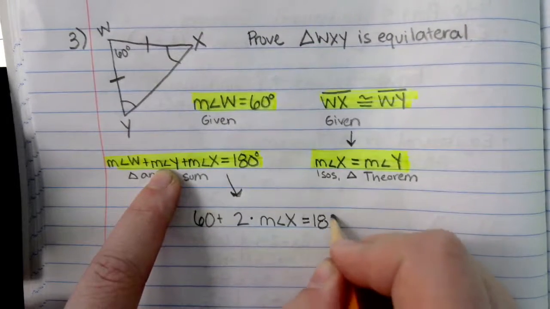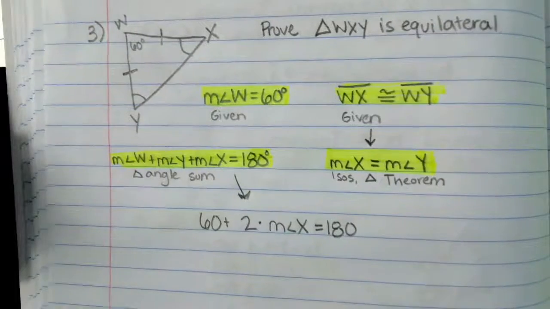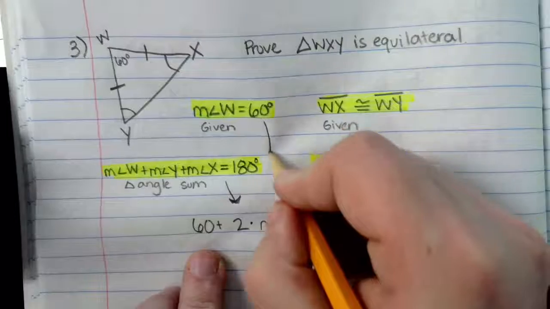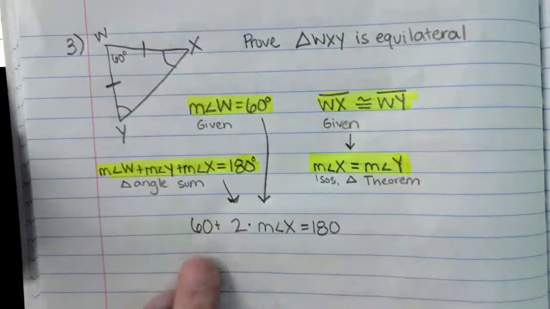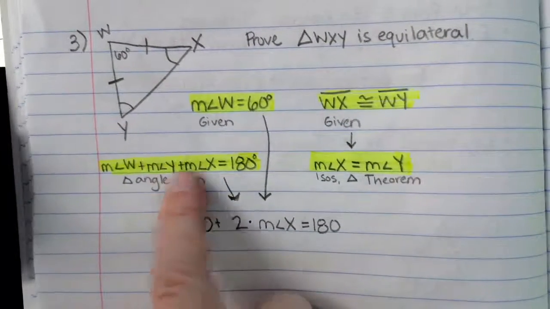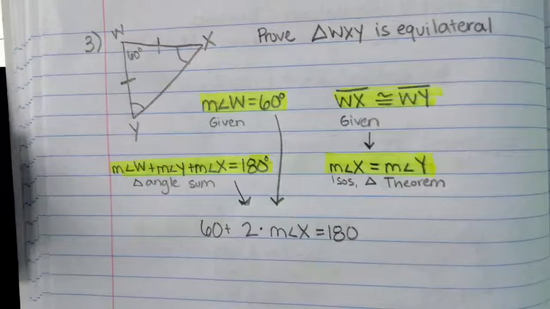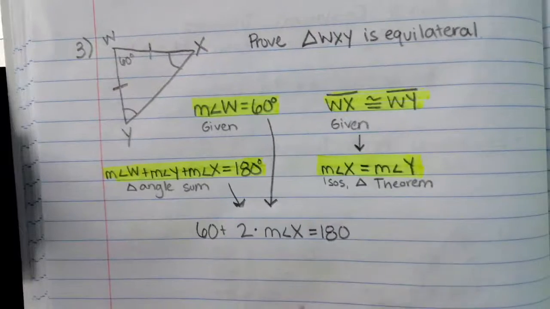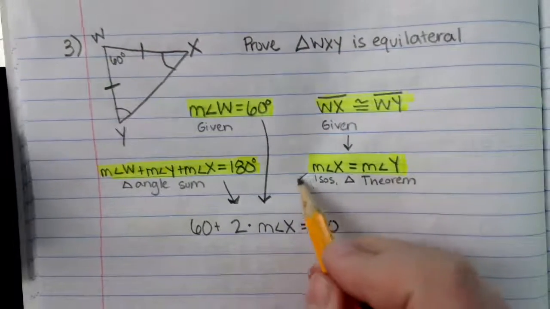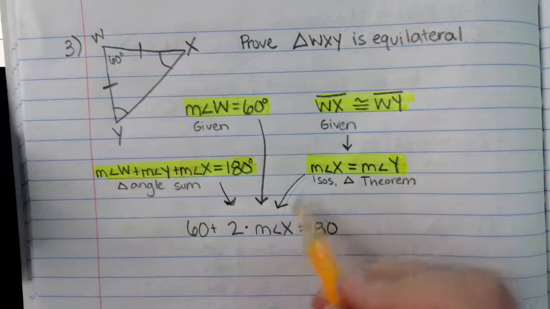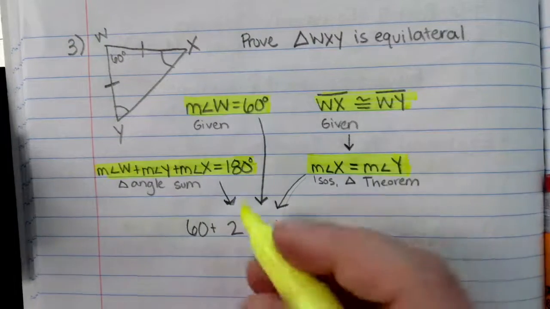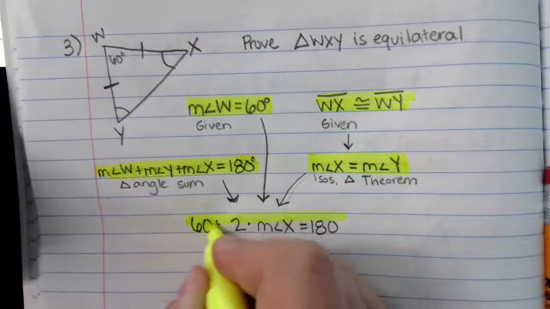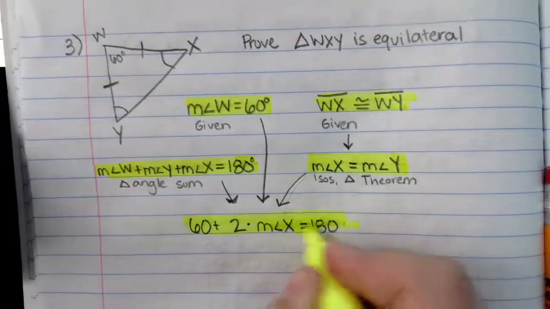We could write it as measure of angle X plus measure of angle X. Where did I get that I could just call them both X? We said X and Y are the same. What do we call that in an equation when we switch something out? Substitution.